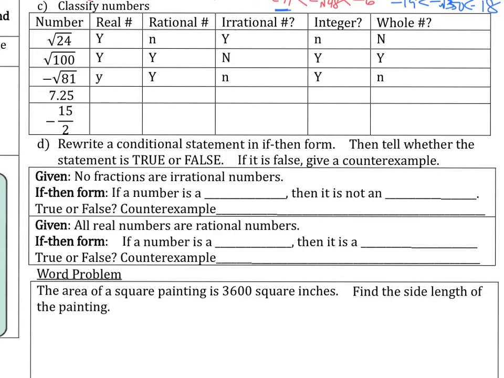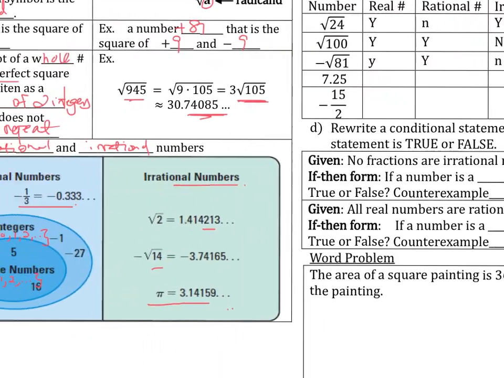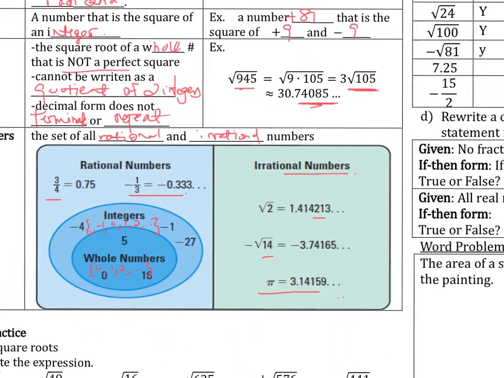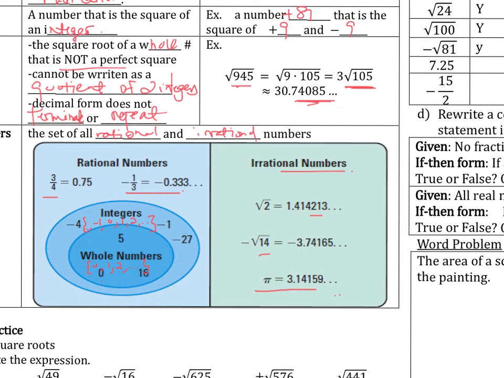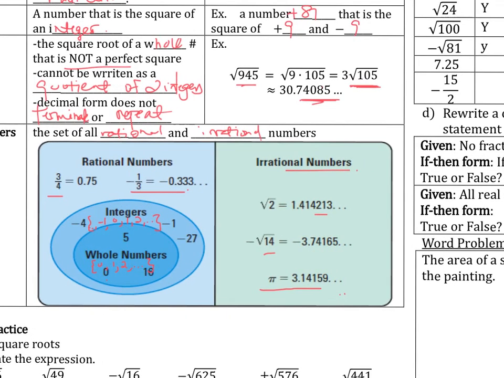Part C, classify numbers. Let's take a look at the square root of 24. Is that a real number? Yes. According to this chart, the square root of 24 falls under the category irrational numbers.